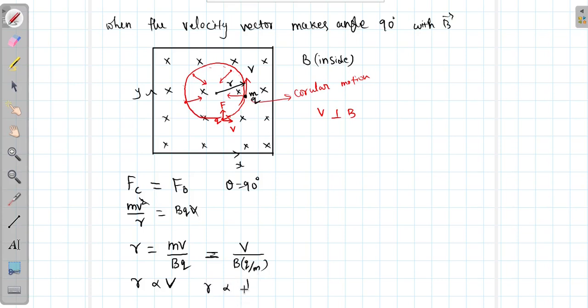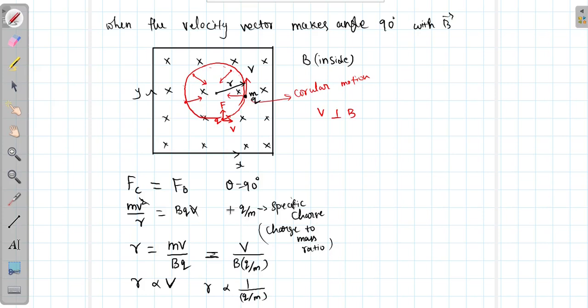R is inversely proportional to q by m. Do you remember this quantity? Charge per mass is the specific charge, or charge to mass ratio.